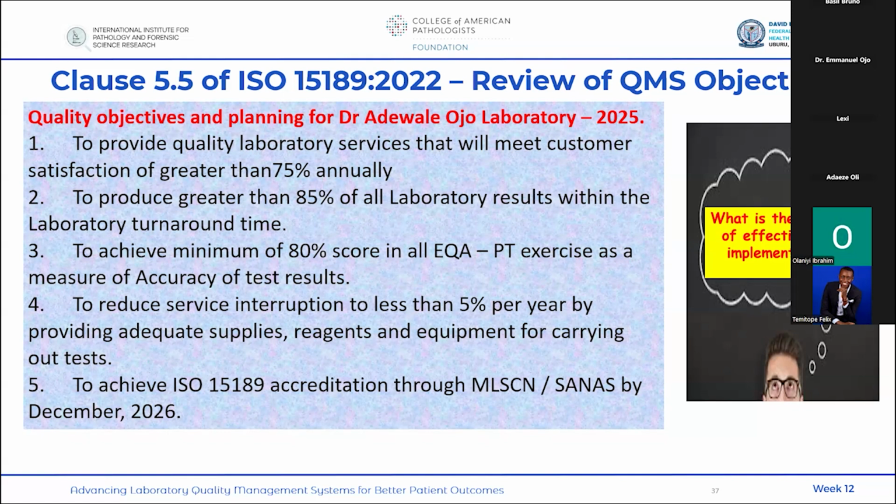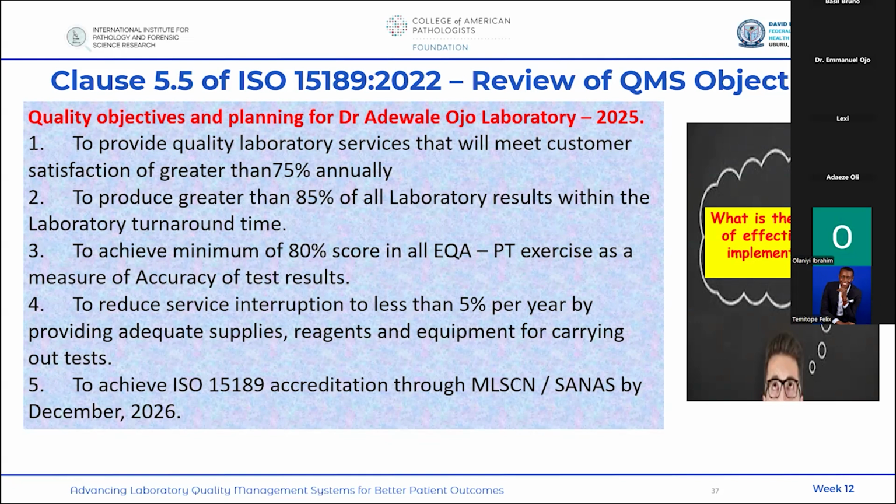So you monitor that, let's say in a month, you want to see how many of my results were released within the set turnaround time. So if I say my glucose result, for example, will be done and released within 6 hours, I will now count, within that period, how many glucose results did I release.